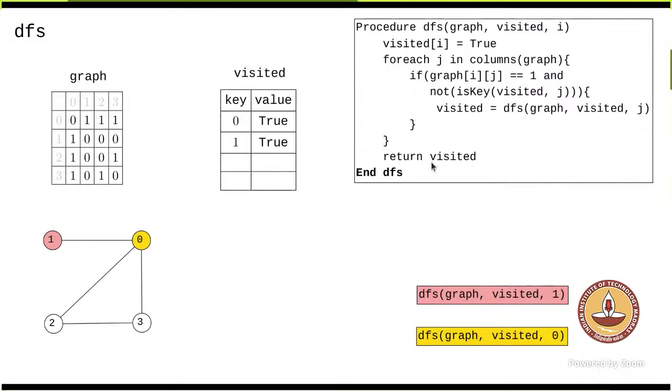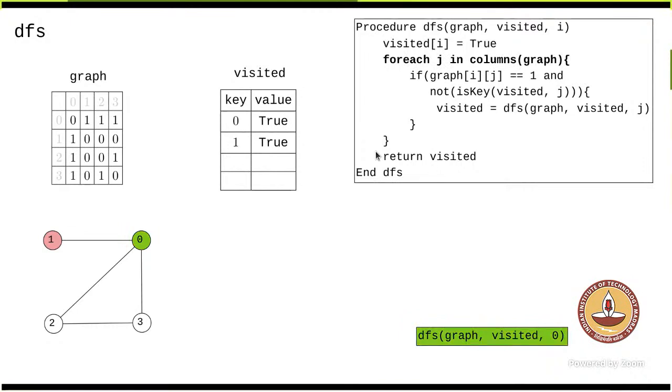Now where will we go back? We will go back to visited 1, so visited 0. Yes, we go back to visited 0, and we'll continue from where we left.